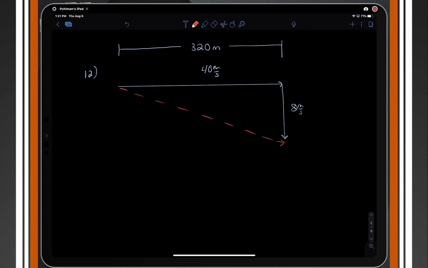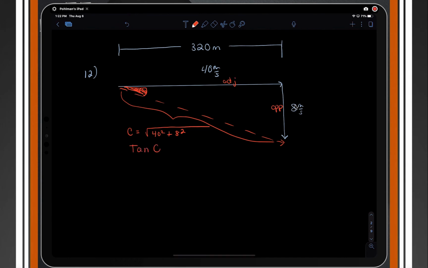All right, now since we have two sides of what is now a right triangle, we can use the Pythagorean theorem where we have our resultant equals the square root of 40 squared plus 8 squared. And then we can get our angle inside of here based on the fact that we know that the 8 is the opposite side and the 40 is the adjacent side. That will require us to use tangent theta equals 8 divided by 40.